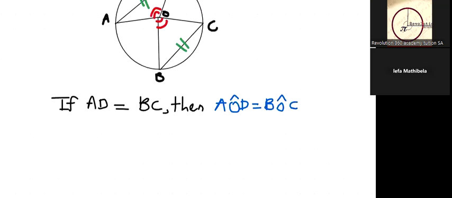But remember, each and every statement should be accompanied by the reason. So here we must have a reason. That reason is the one that I'm gonna write here. That is the statement that says equal chords subtend equal angles at the center of the circle.